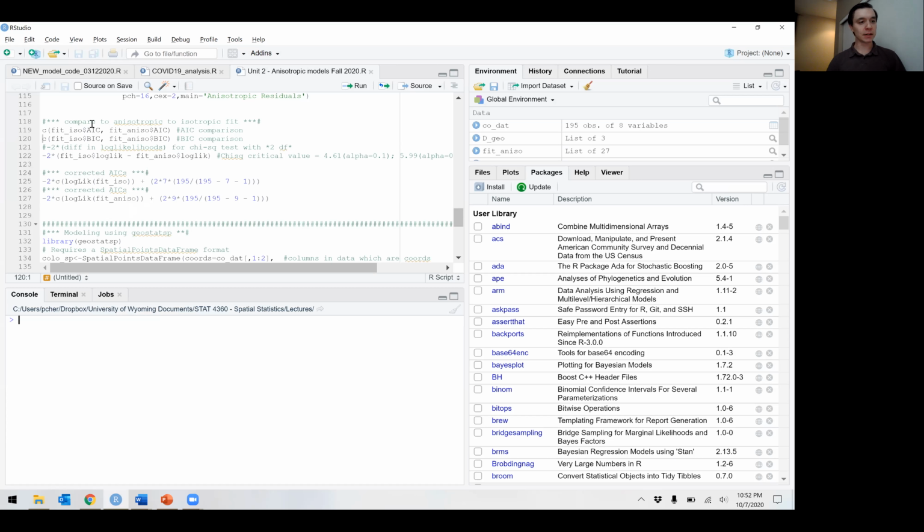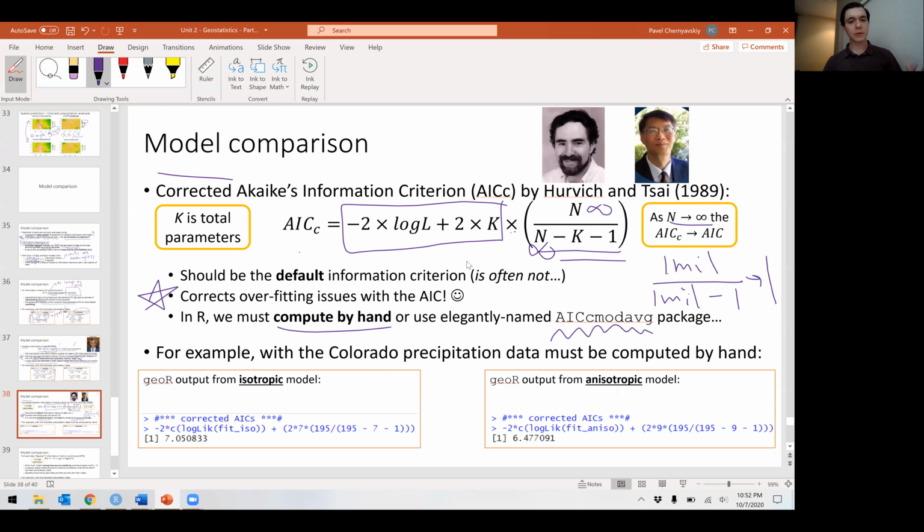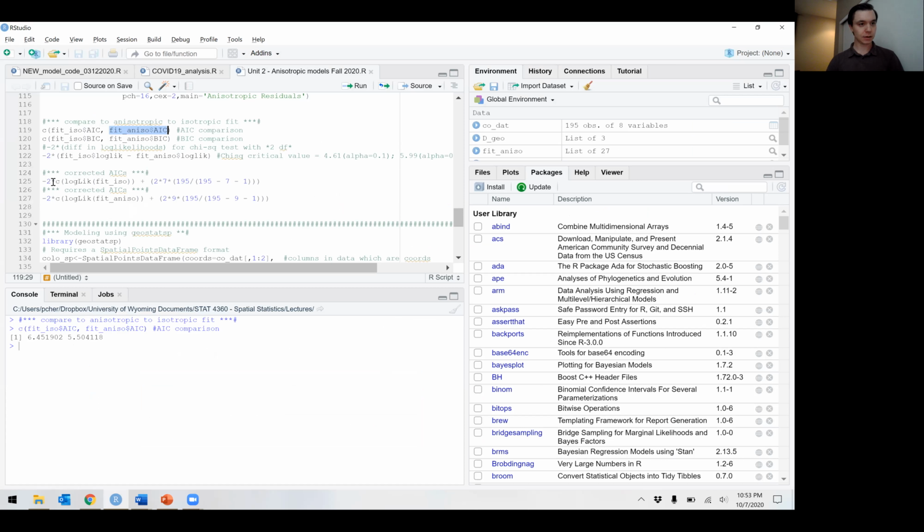So I have two models. Here is my isotropic model and anisotropic model. These are from geoR. So I'm just outputting the AIC here of the isotropic model and the AIC of the anisotropic model. The corrected AIC has -2 times the log likelihood. All right, here's -2 times the log likelihood.